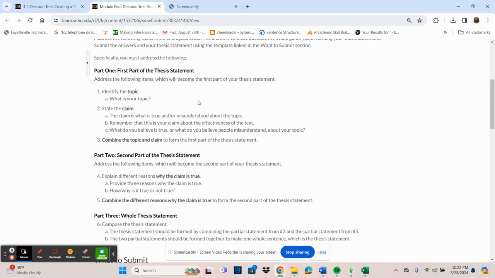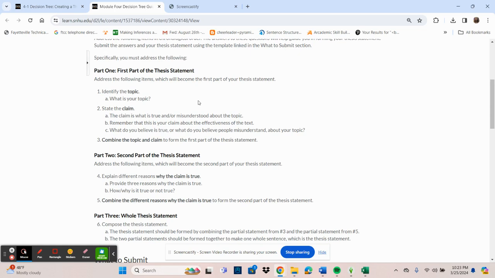The second part of your thesis is here. It says address the following items. What will become the second part of your thesis statement? Explain different reasons why the claim is true. So remember, in the first part, you identified your topic and you have a claim, right? In the second part, you've got to explore your reasons for why your claim is true.